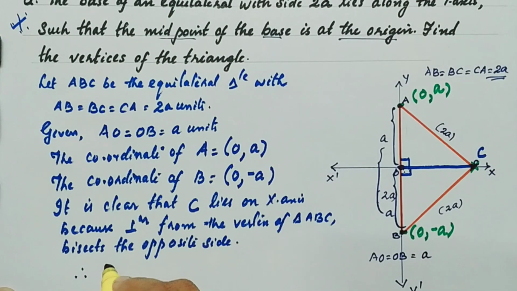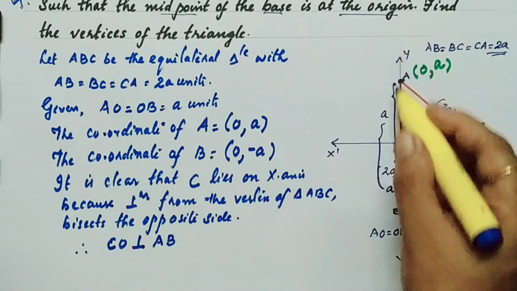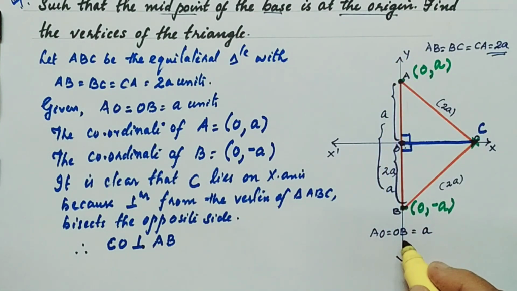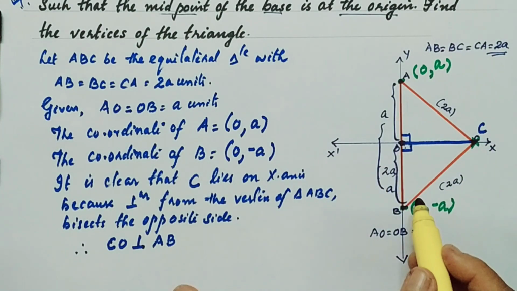Therefore, CO is perpendicular to AB. You know that AB is a line which lies on the y-axis. So, the line which is perpendicular to the y-axis will be the x-axis only.